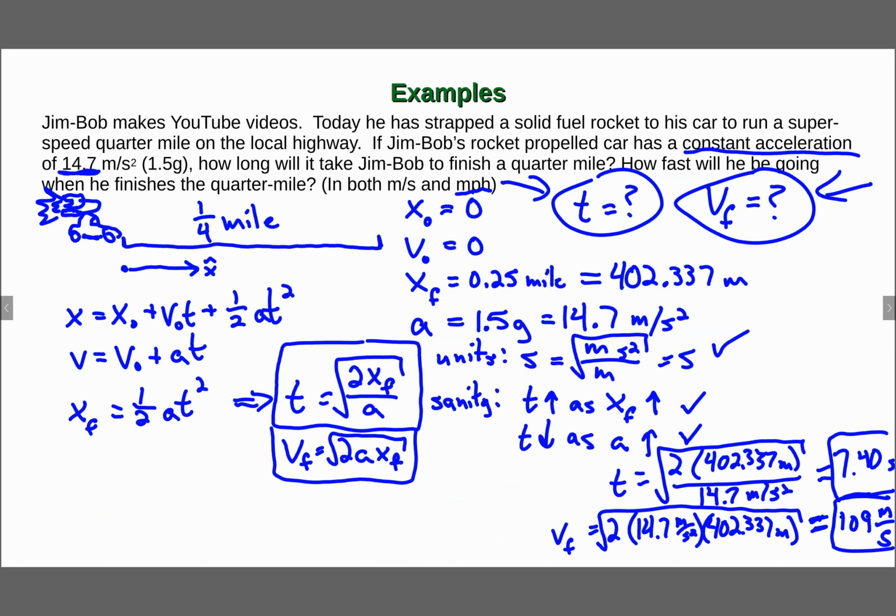So that unit conversion is 108.76 meters per second. I'm carrying extra digits here than my significant figure answer from before.